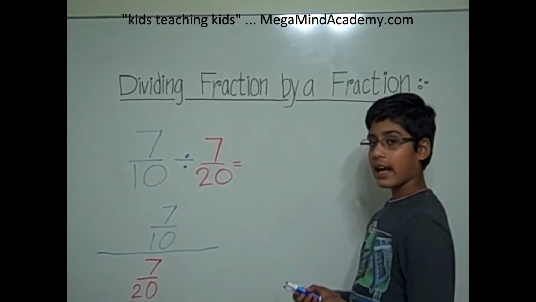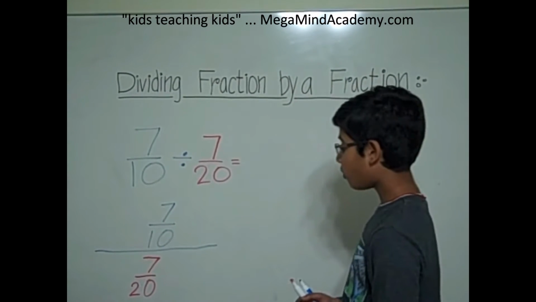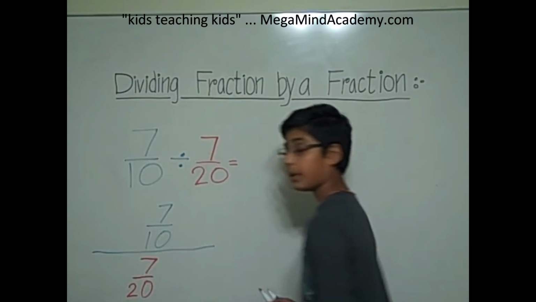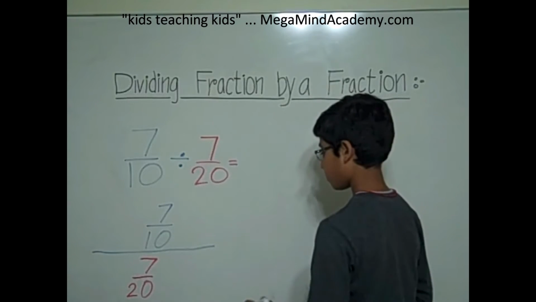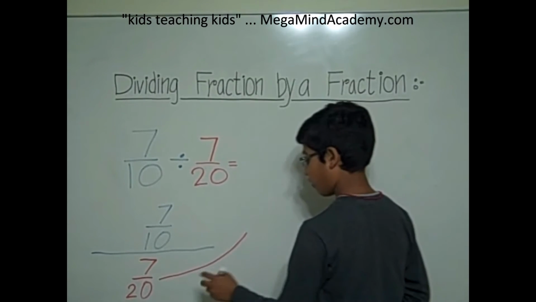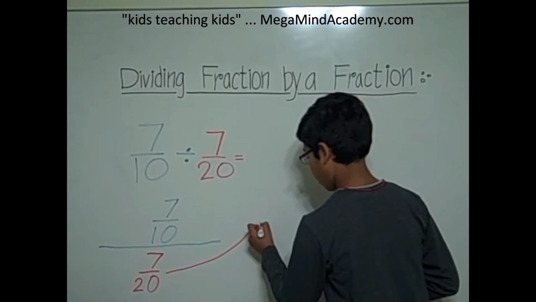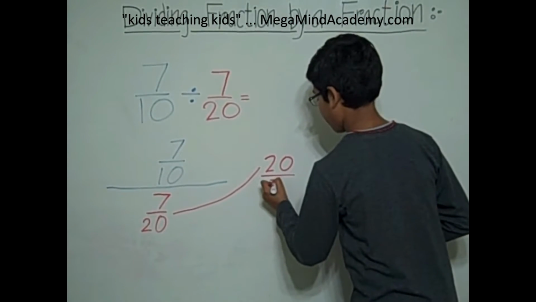So, as step 1 says, we have to find the reciprocal fraction for 7 over 20 because it is the denominator. So, the reciprocal fraction for 7 over 20 is 20 over 7.